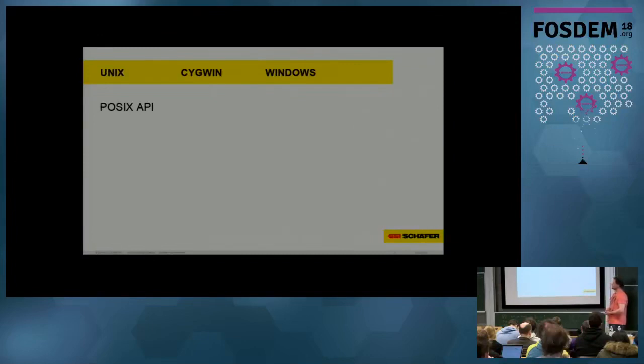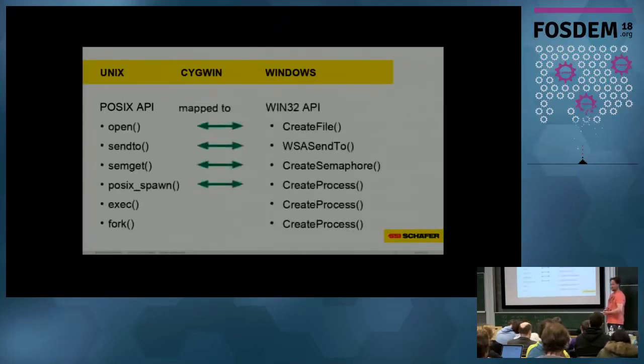And here is where Cygwin comes into the game, which is actually a wrapper for the POSIX API on top of the Win32 API. Looking at the requirements from earlier, open is for the file system, and Cygwin is able to just map them to the Win32 API.